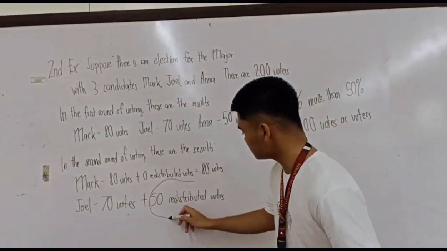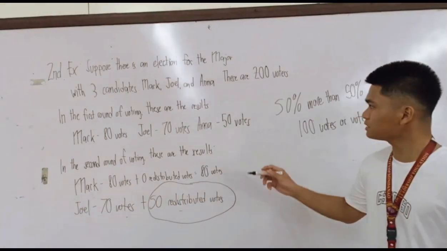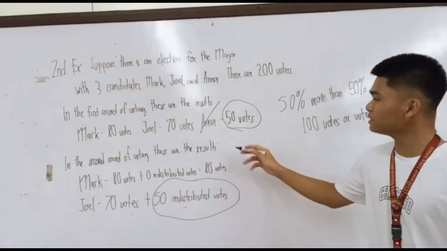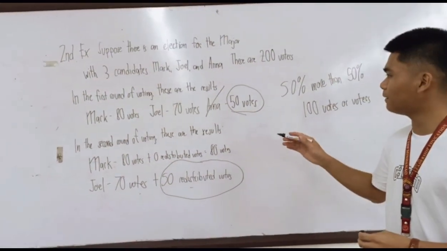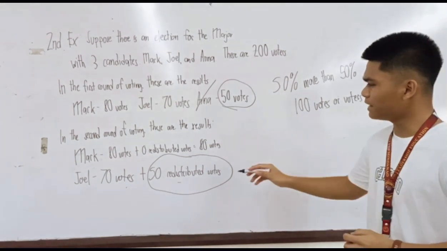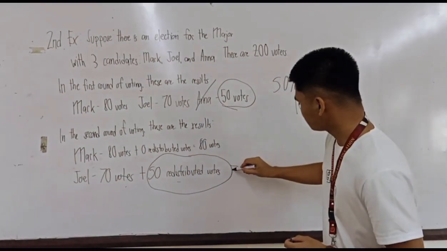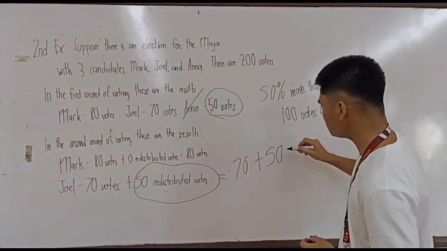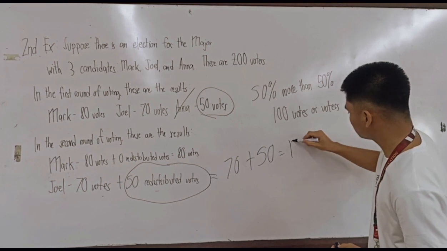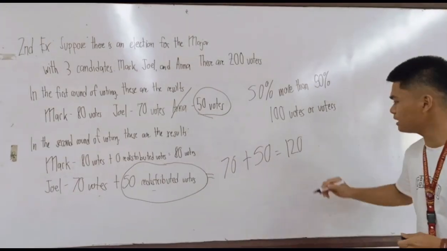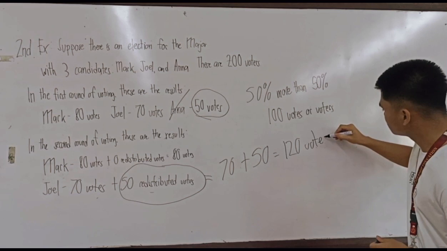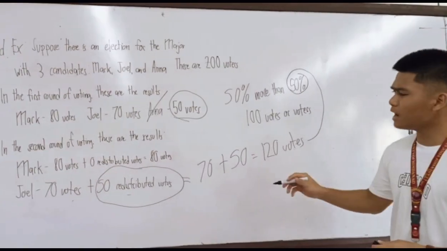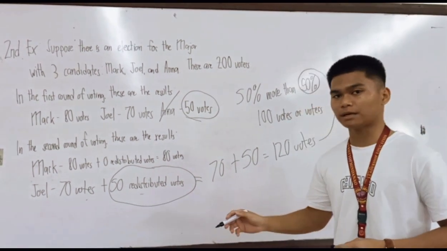These 50 redistributed votes are the second choice of the voters of Anna, because Anna is eliminated, having the fewest votes. 70 plus 50 equals 120 votes, which exceeds the 50%. Now, Joel is considered the winner of the election.